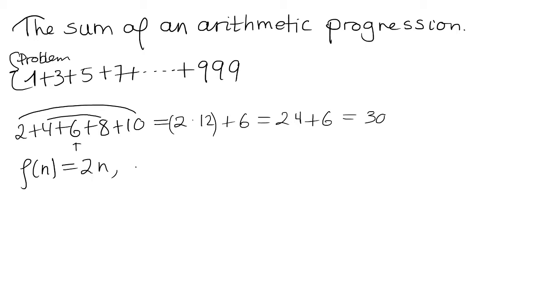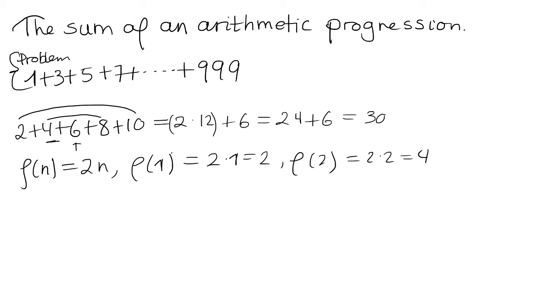Because f(1) is simply equal to 2 multiplied by 1, which is 2, and f(2) is simply equal to 2 multiplied by 2, which is 4, which is the second term of the arithmetic progression, and the first term is 2 as well. So we found something which we can use to analyze the arithmetic progression.